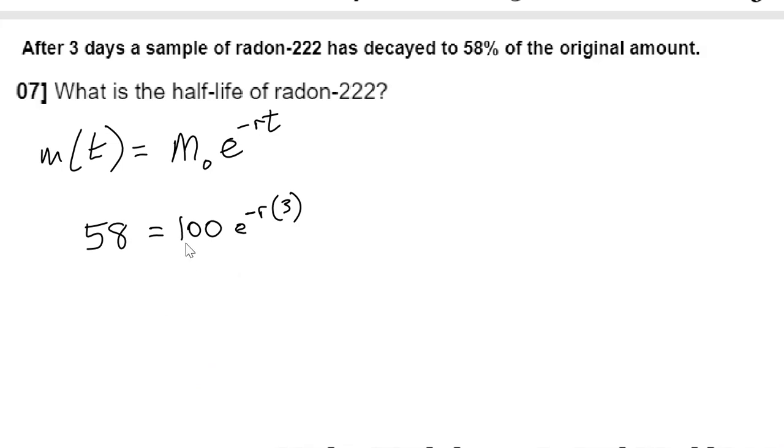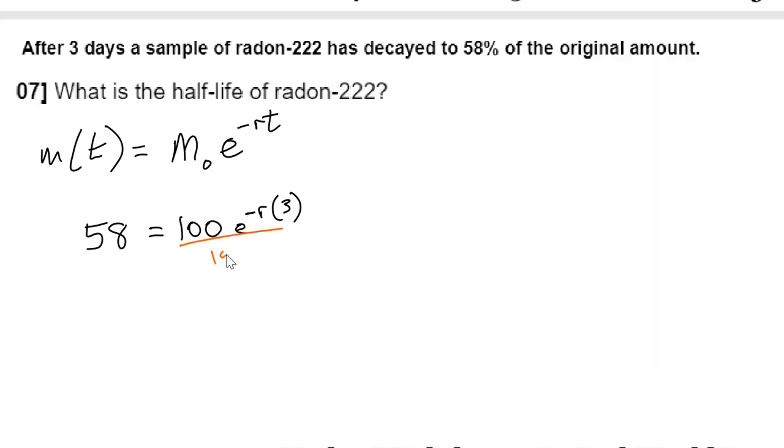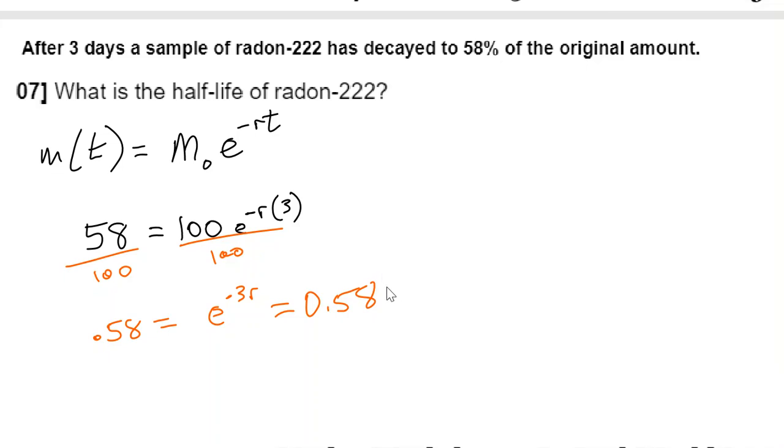All right, so we're going to divide both sides by 100, which means we're going to have 0.58 equals e to the negative 3R. And then I'm going to rewrite that as a logarithm, base e, 0.58, and my exponent negative 3R goes over here.